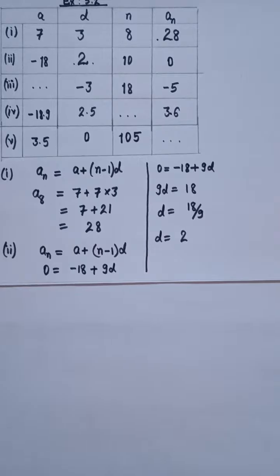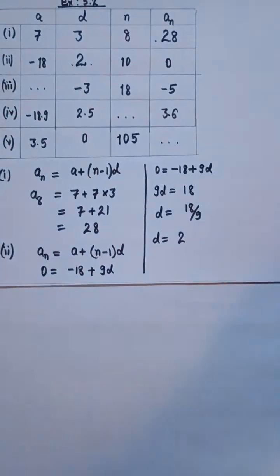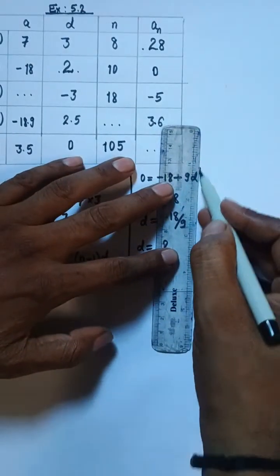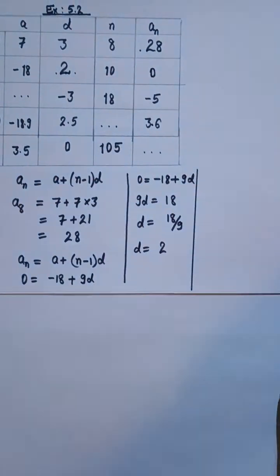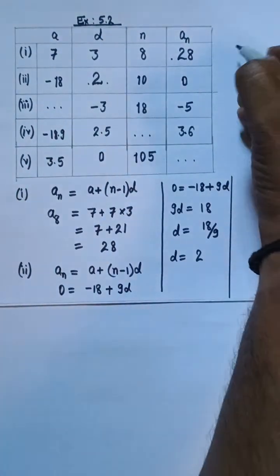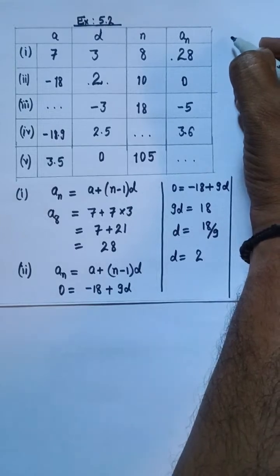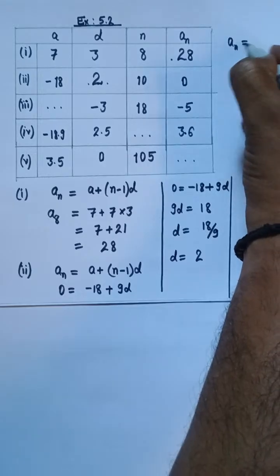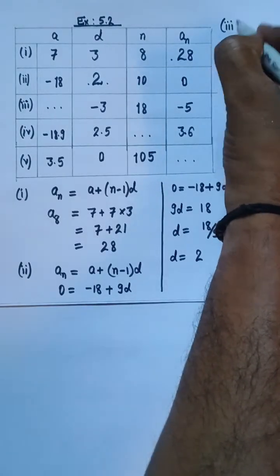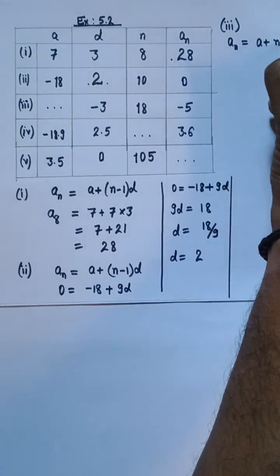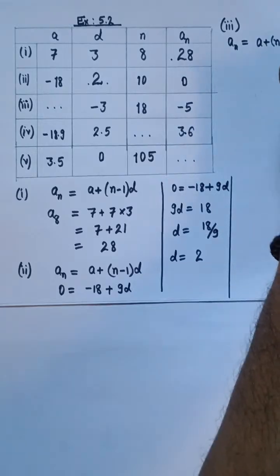Okay, next, third number. We are going to put third number problem. Third number, the initial term we need to find. To find the initial term a, we know that an is equal to a plus n minus 1 into d.